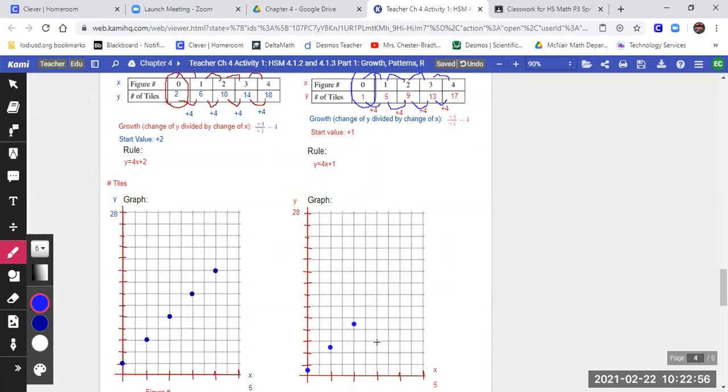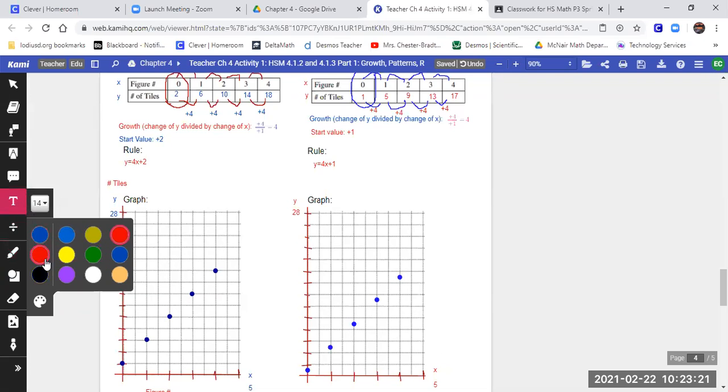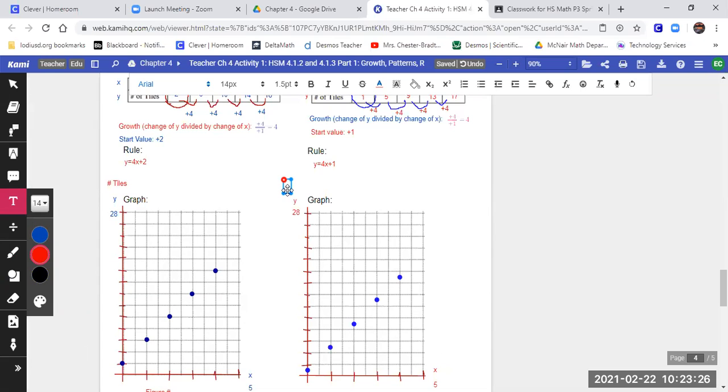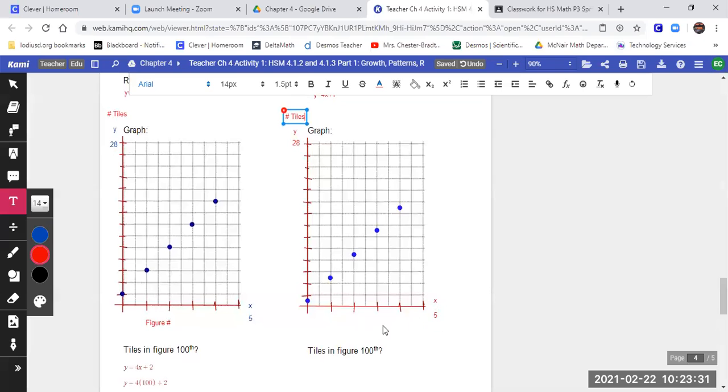Figure 3. What do we get? Okay. 4, 6, 8, 10, 12, halfway in between, 13. Then what? 2, 4, 6, 8, 10, 12, 14, 16, halfway in between, 17. Am I going to connect these?